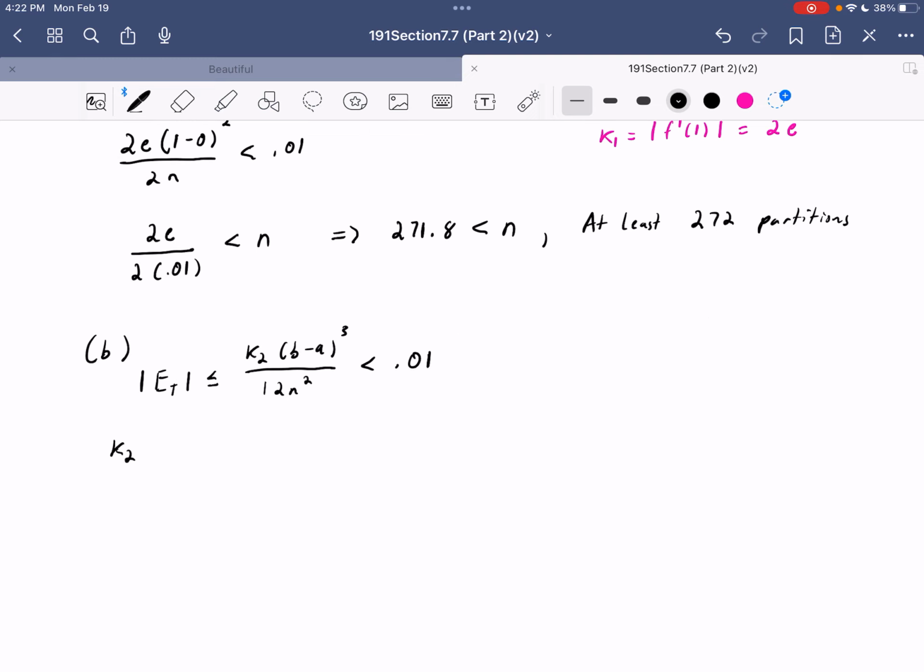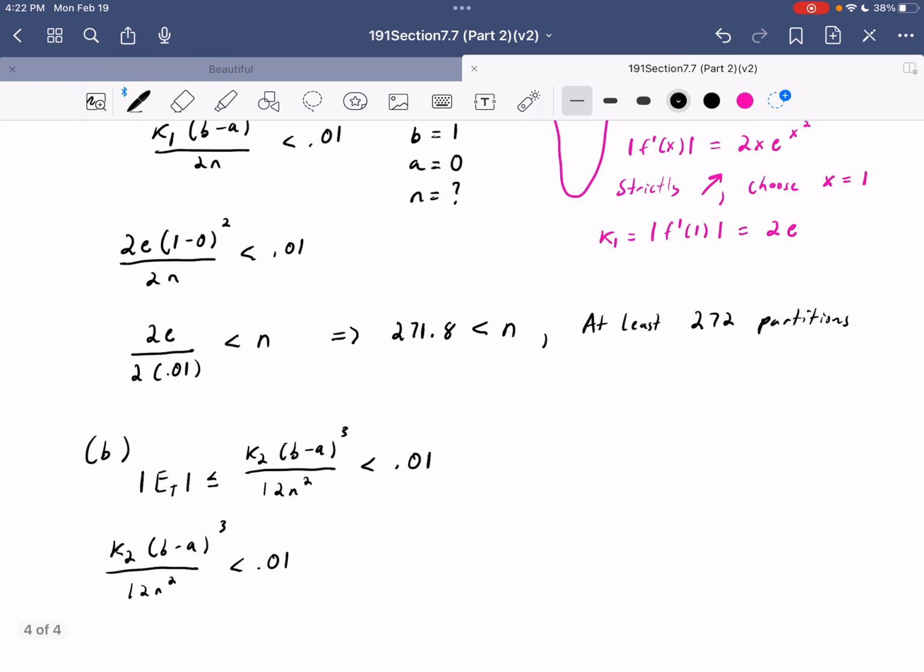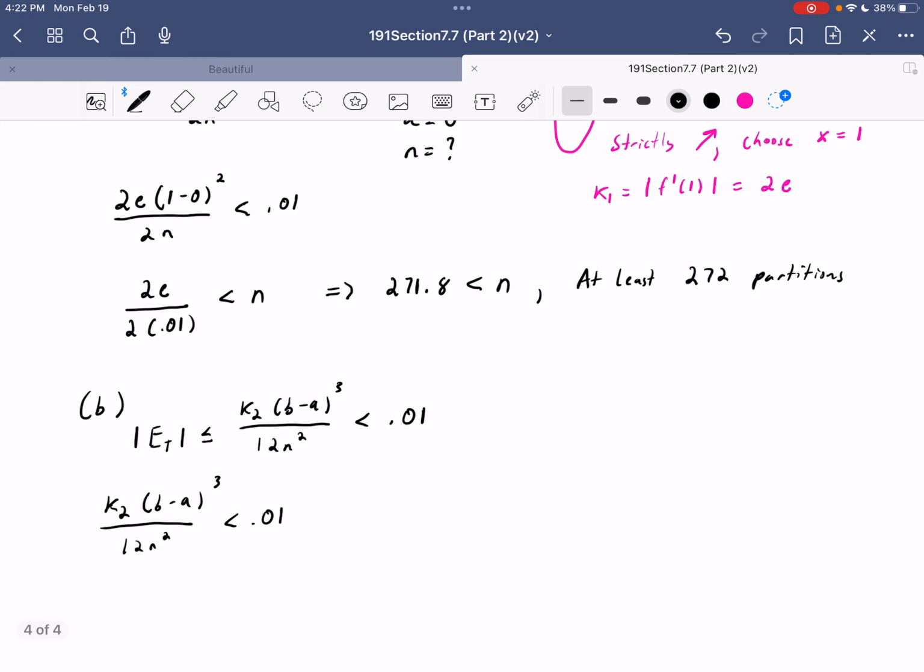So if we rewrite that, we're really saying K2 (b minus a) cubed over 12n squared must be less than 0.01. If we make a table of what we need here, we are looking for K2, b, a, and n. Of course, b and a are still 1 and 0, and n is still what we're looking for.